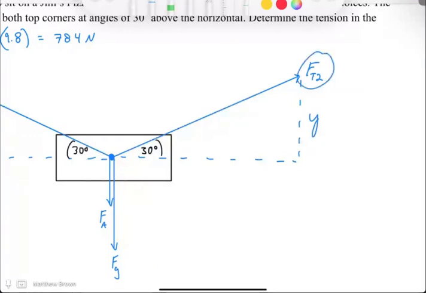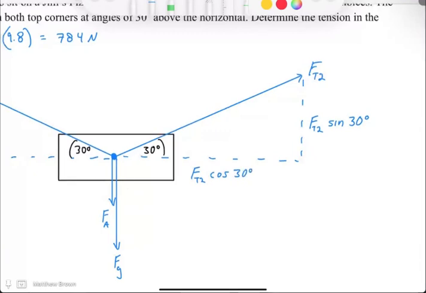So that means I can rearrange that and just say this is FT2 sine 30 degrees. And that means the cosine of that is going to be the one on the bottom. So I can say this is FT2 cos 30 degrees. And I'm going to get this same thing over on the other side.